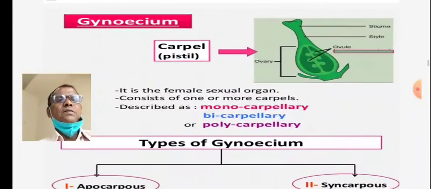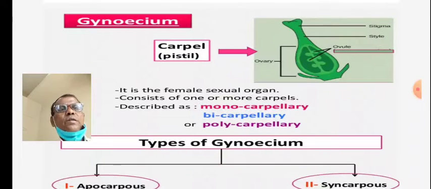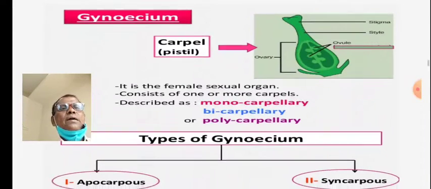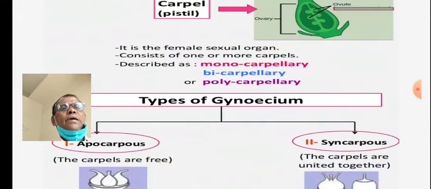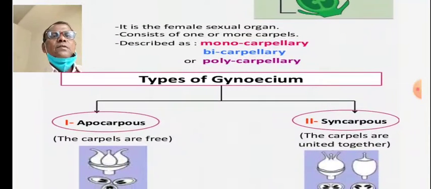If it consists of a single carpel, it is considered monocarpellary. Then two carpels, bicarpellary, or more than two: tri, tetra, penta, and after penta it is treated as polycarpellary.